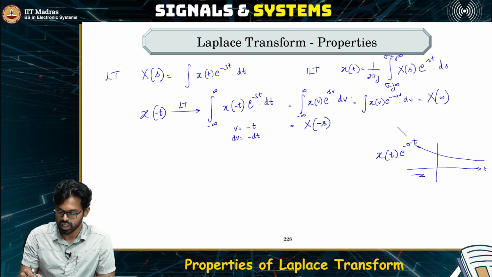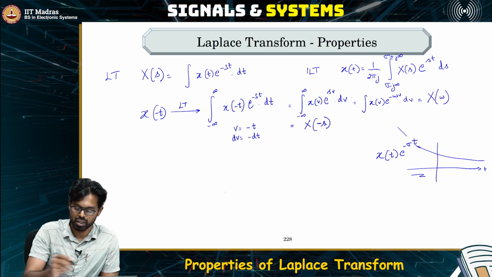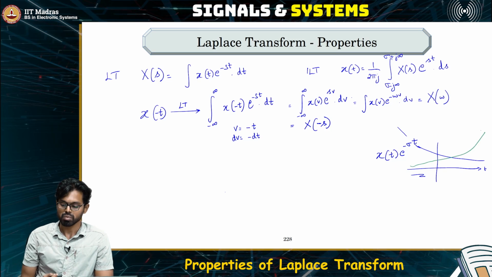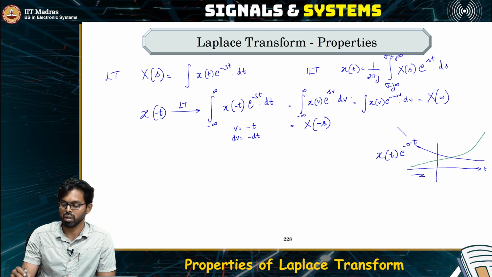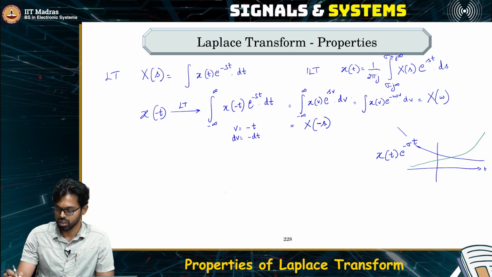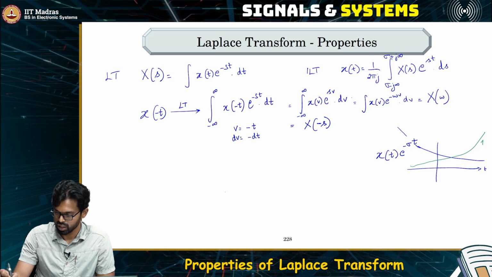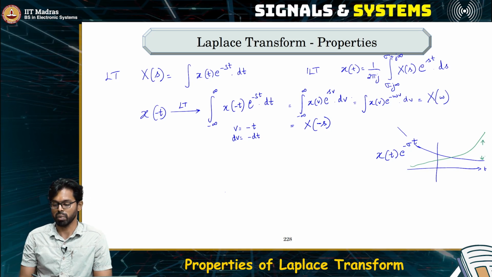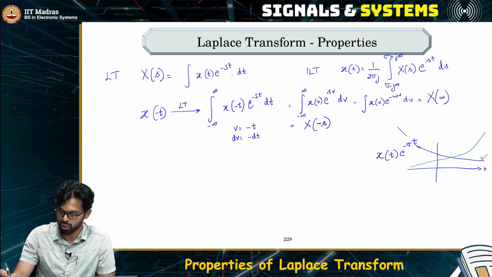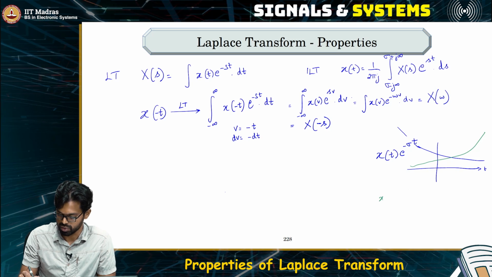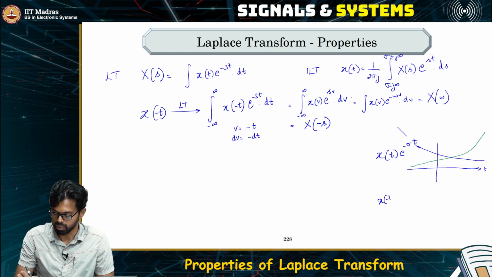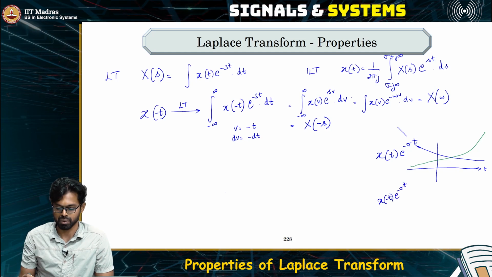So let us say x of t looked something like this. Now x of t times e power minus sigma t will become an absolutely integrable signal because this growing part here is cancelled out by this decaying part, and the same here. But when we time reverse x of t, we get x of minus t times e power minus sigma t.